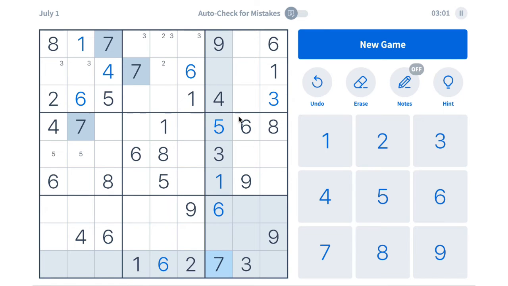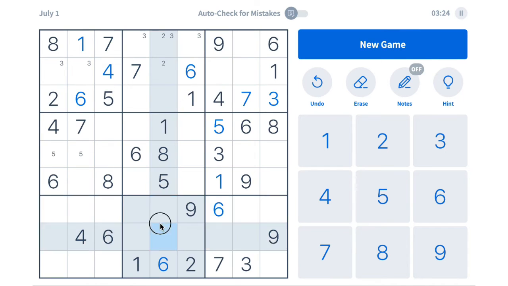Nice. 7. One of these two cells is going to be a 7.